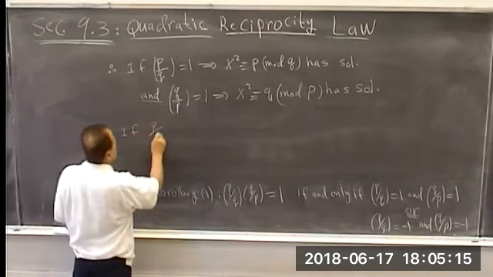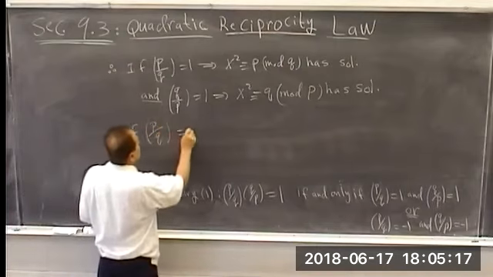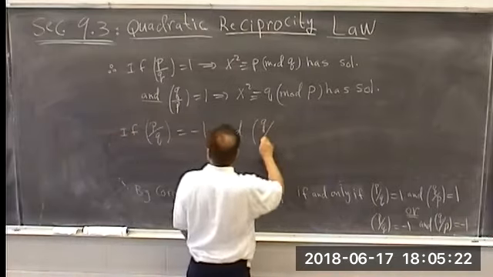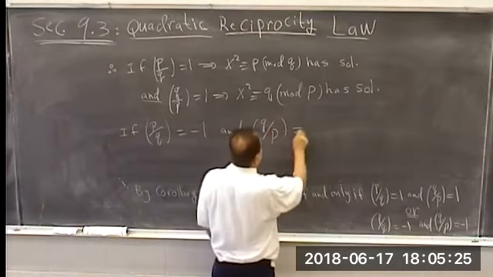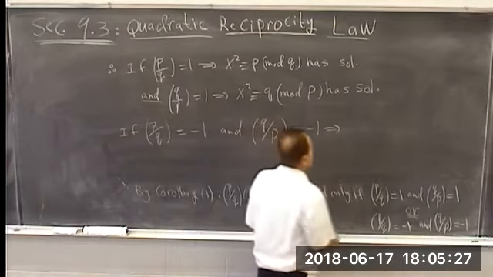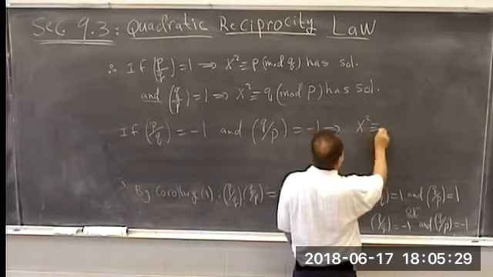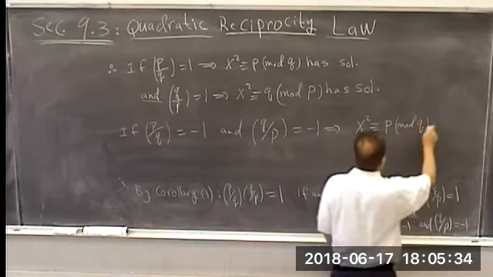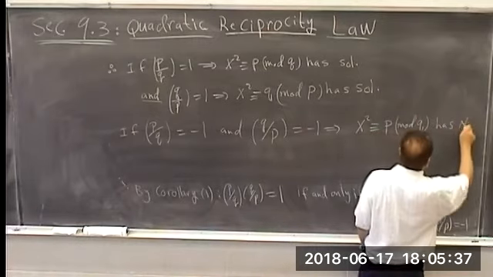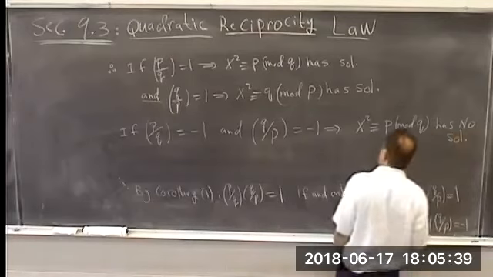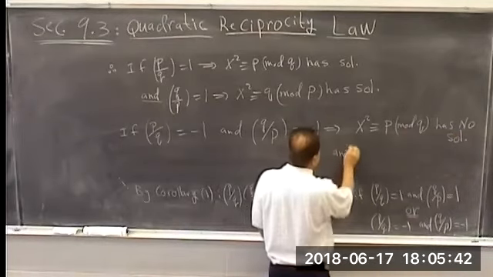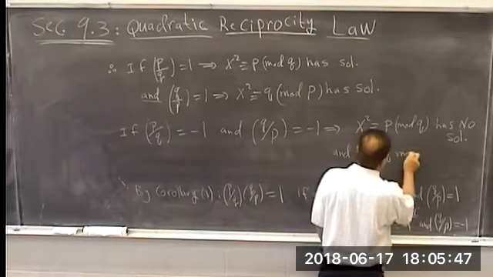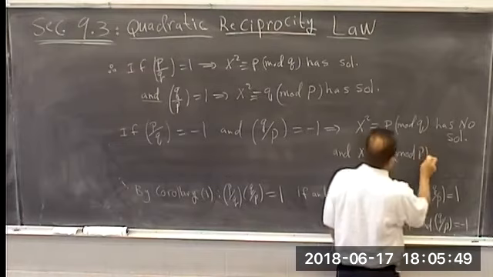If (P over Q) is equal to negative 1 and (Q over P) is negative 1, this implies x squared congruent to P mod Q has no solution, and x squared congruent to Q mod P has no solution.